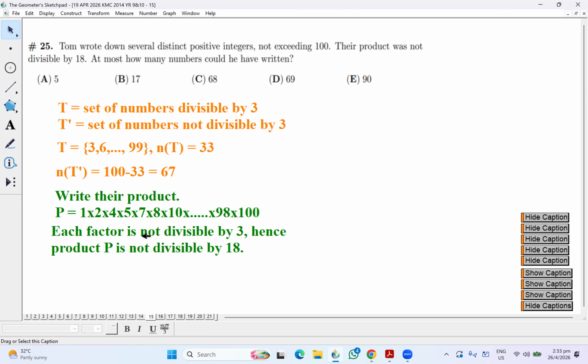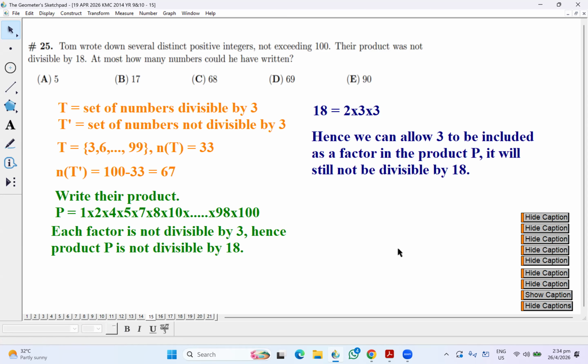Each factor is not divisible by 3. Hence, the product P is not divisible by 18. There's no 3 inside. 18 is 2 times 3 times 3. 18 must have double 3. So that makes us realize we can allow one 3 to be included as a factor in the product.